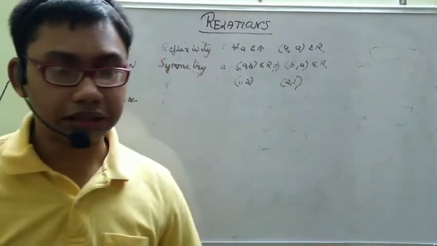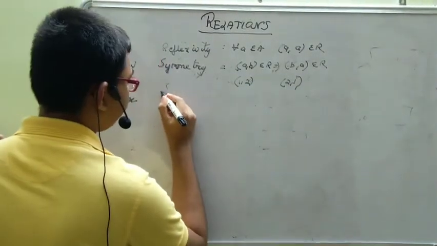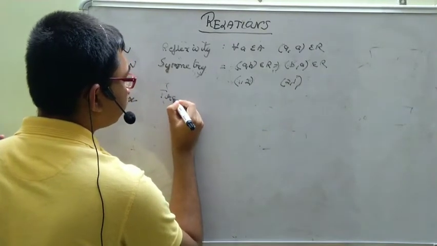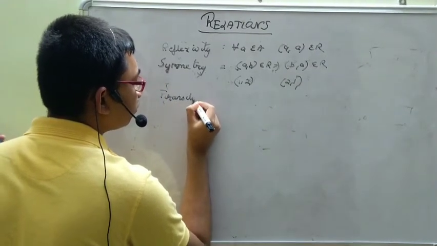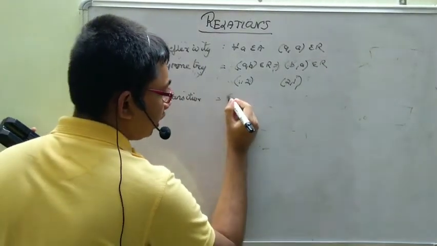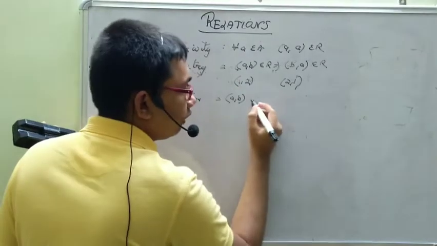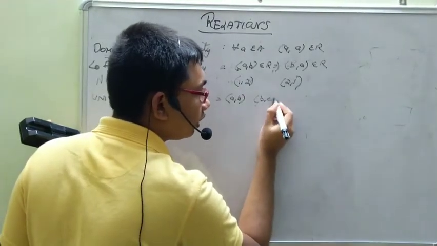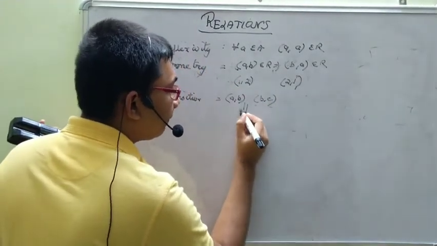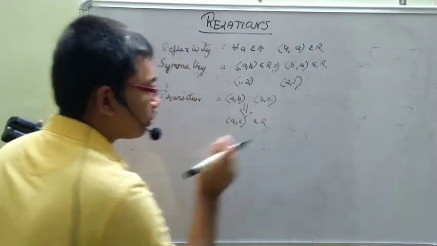So this is symmetricity. Now we come to the final property, transitivity. What is transitivity? If we are given (a, b) is an element of R, and (b, c) is an element of R, then (a, c) should be an element of the relation.